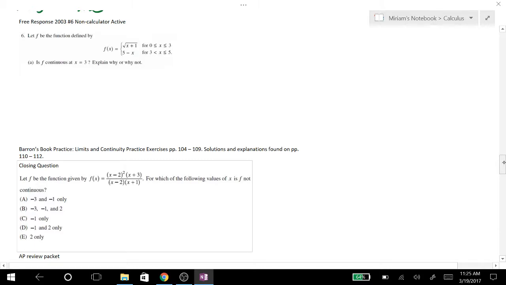Okay, this guy is the same situation. Is f continuous at x equals 3? Again, I'm going to write it. We have to check if the limit as x approaches 3 from the left is equal to the limit as x approaches 3 from the right.